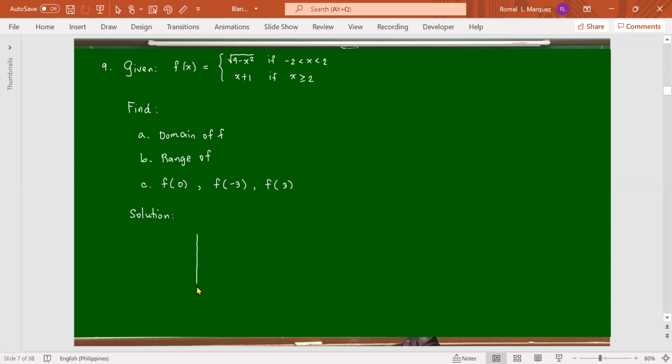The first one is actually an upper circle. From between -2 and 2.